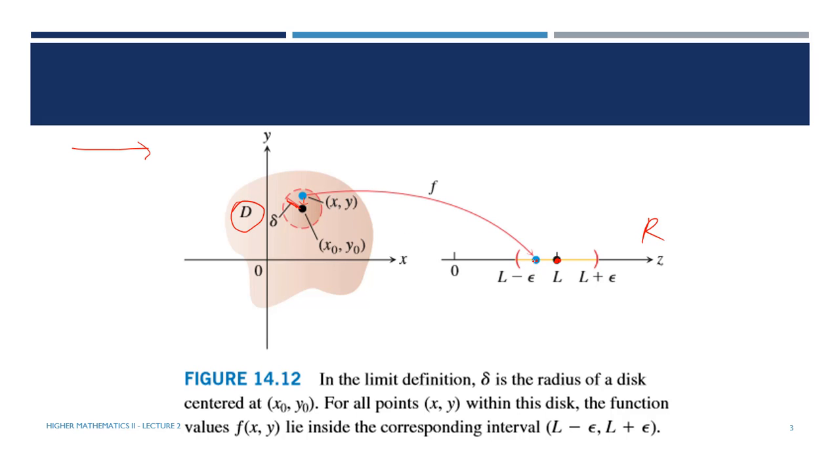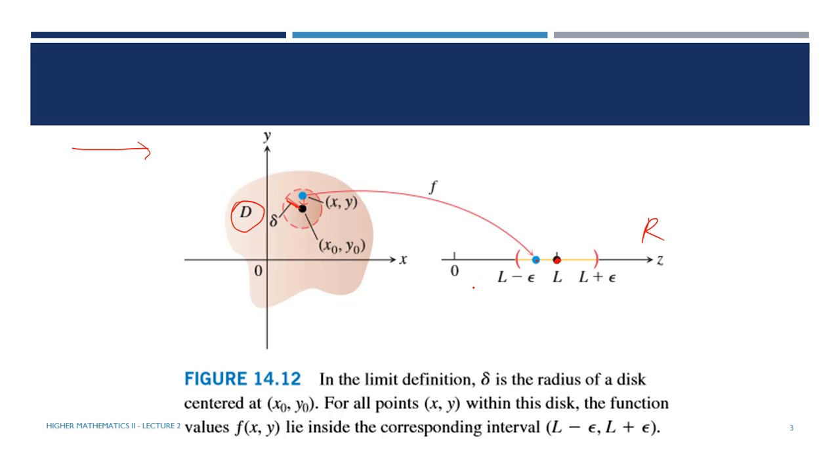And epsilon is this small part. We call this yellow part epsilon. In the limit definition, delta is the radius of a disk centered at x0, y0. For all points x, y within this disk, the function values f of x, y lie inside the corresponding interval, which is L minus epsilon to L plus epsilon.